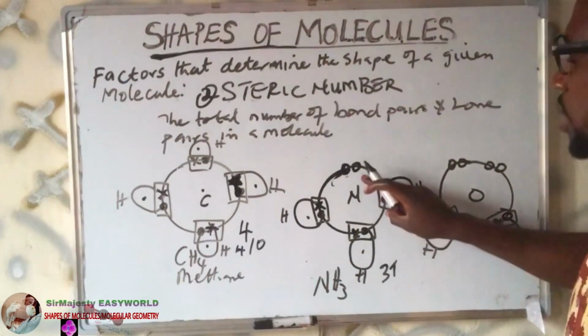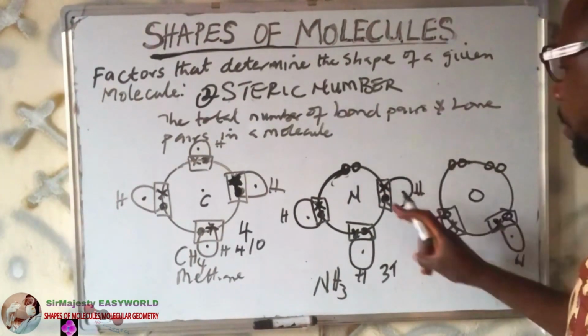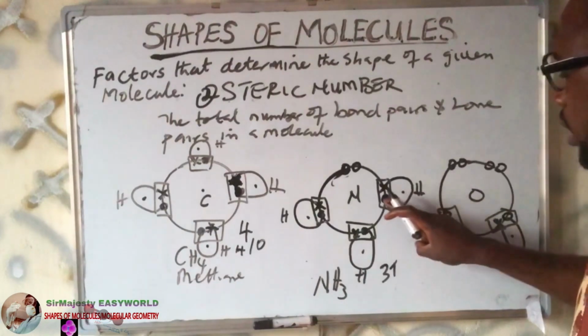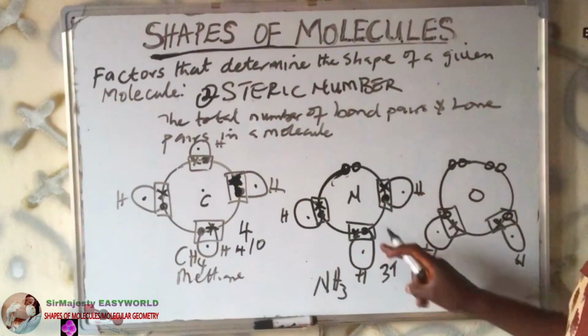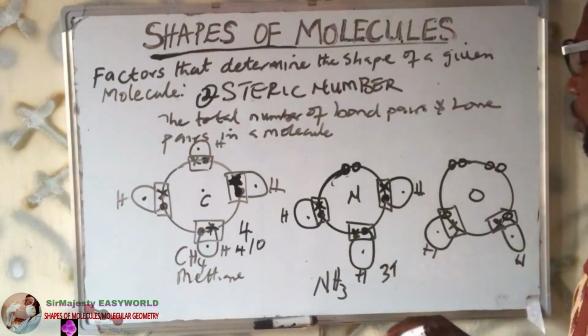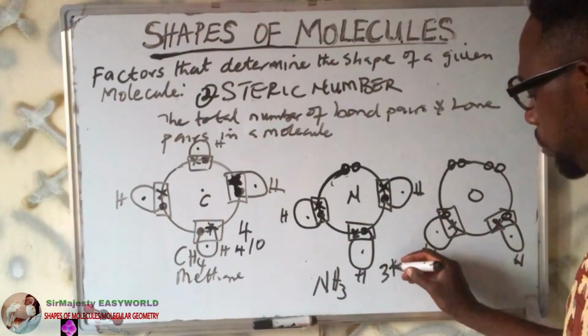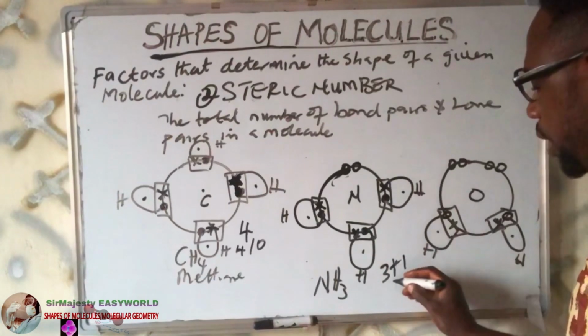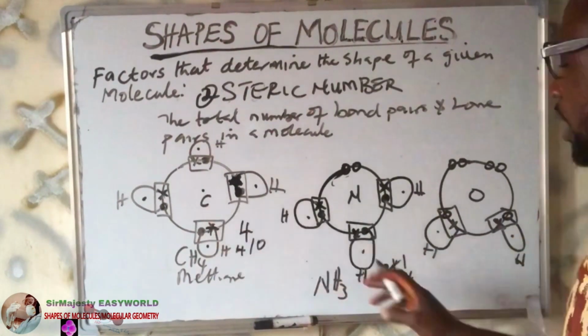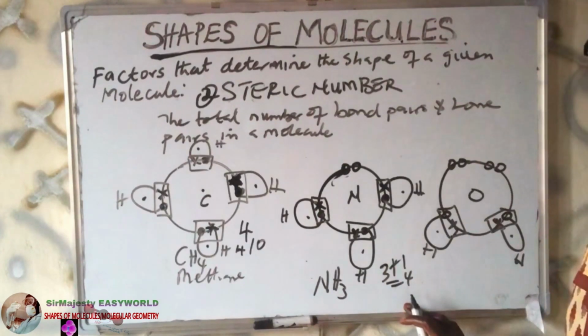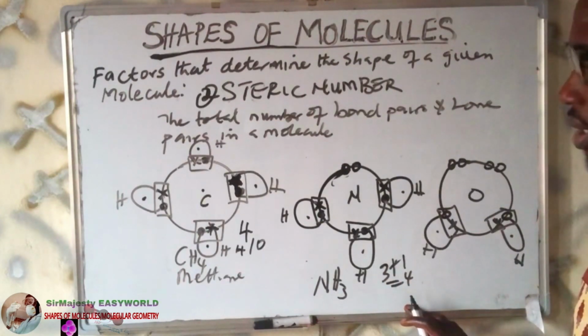It only belongs to nitrogen. But this one here is a bond pair because 1 electron came from nitrogen, the other came from hydrogen, and they bonded together. So this one has 3 bond pairs plus 1 lone pair, which gives us 4 as the steric number. So methane and ammonia have the same steric number, but the constituents are not the same.